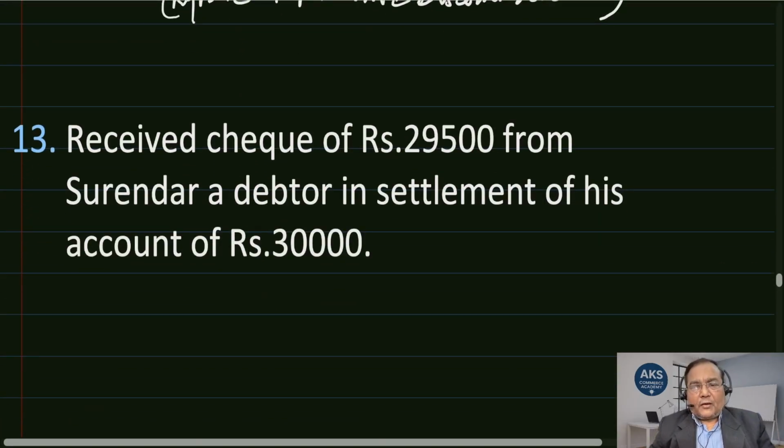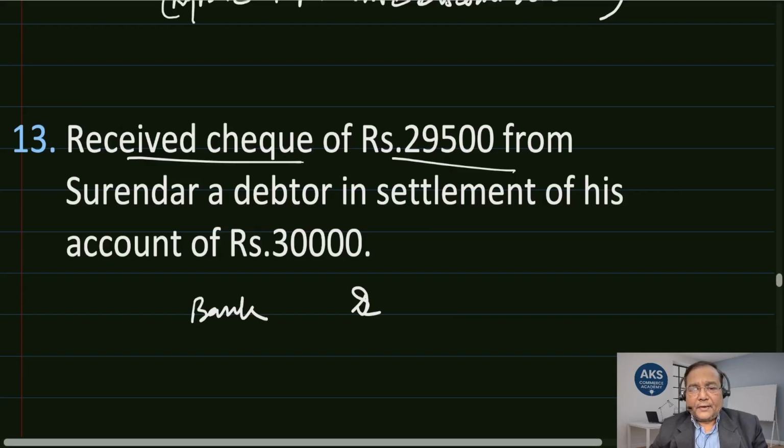Now, received check of rupees 29,500 from Surender, a debtor, in settlement of his account of 30,000. So we received a check of 29,500. What is the entry we require to do? When a check is received and there is no mention whether the check was deposited in the bank on the same day, then we should presume that it is deposited in the bank on the same day. So bank debit, and we need to credit Surender.